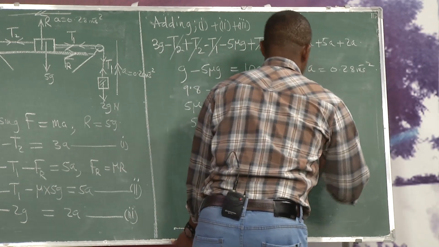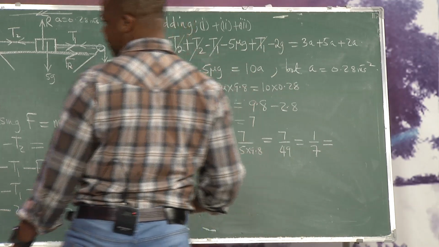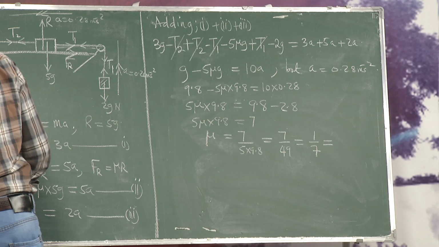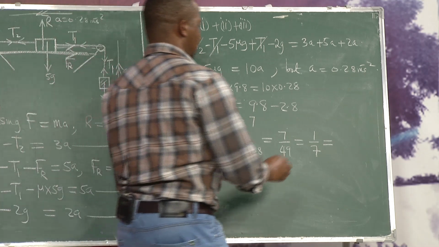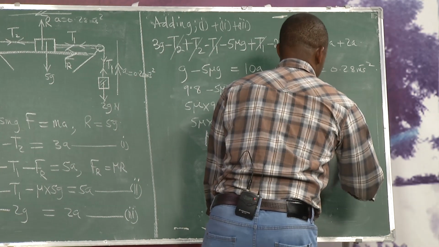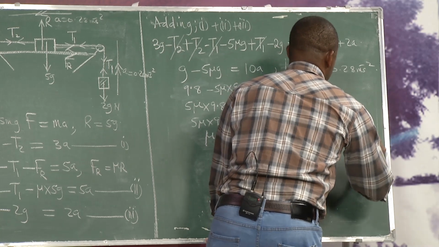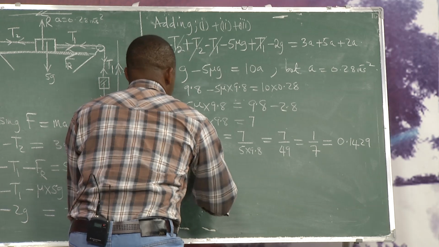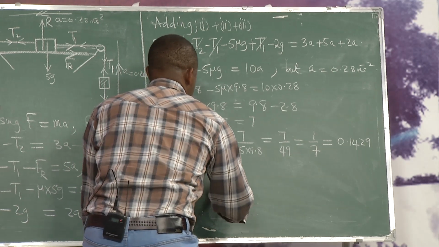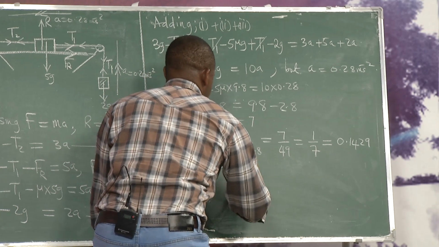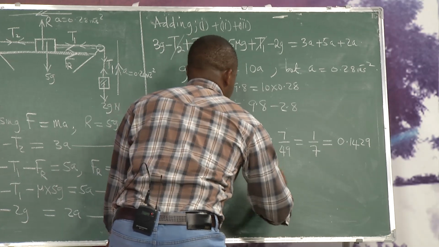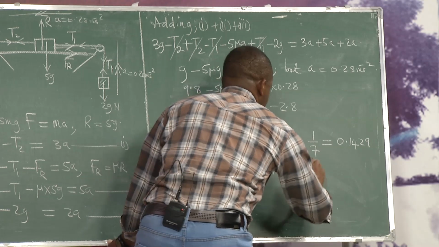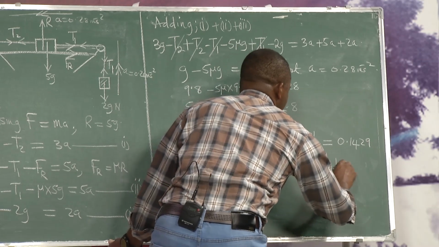If you want, in decimal points, you can write it as 0.1429. So we can say that the value of the coefficient of friction, which we said is mu, is 1 out of 7.